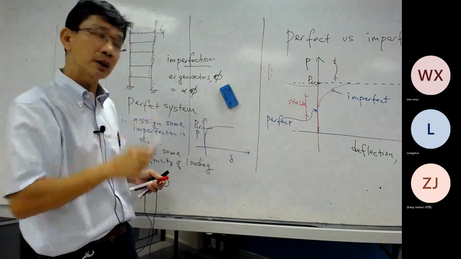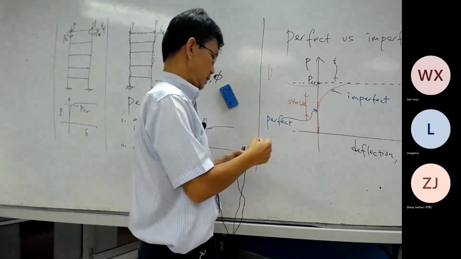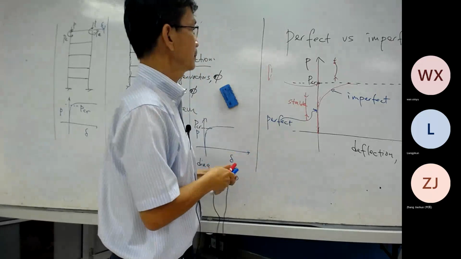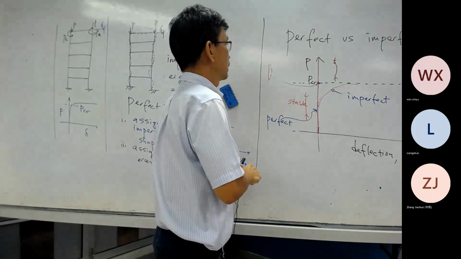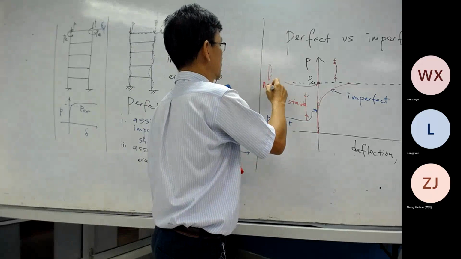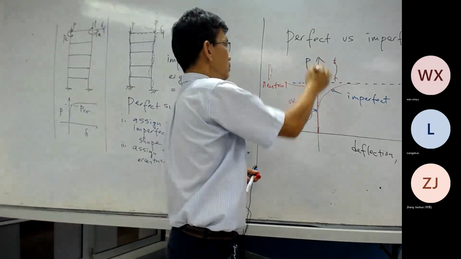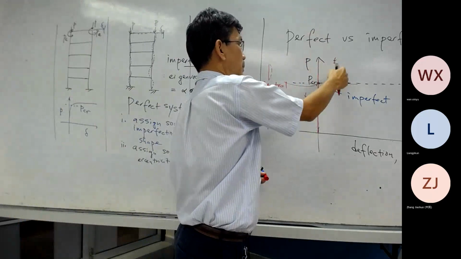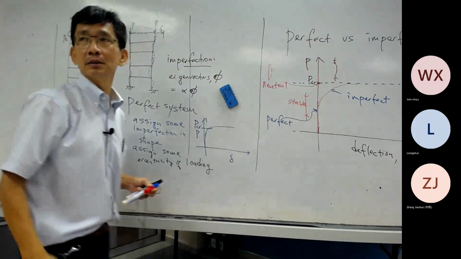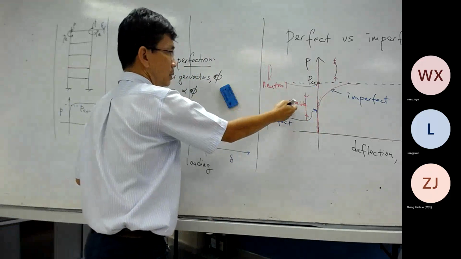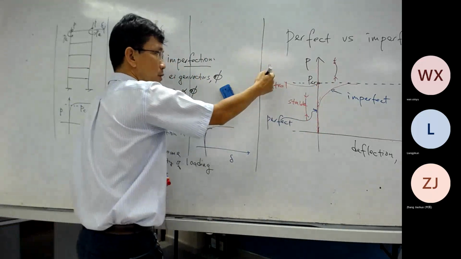This is neutral at this particular point. Then when it goes there, the straight one is already unstable, it has to bend. So here, the straight one is stable. Here, the straight one is neutral.